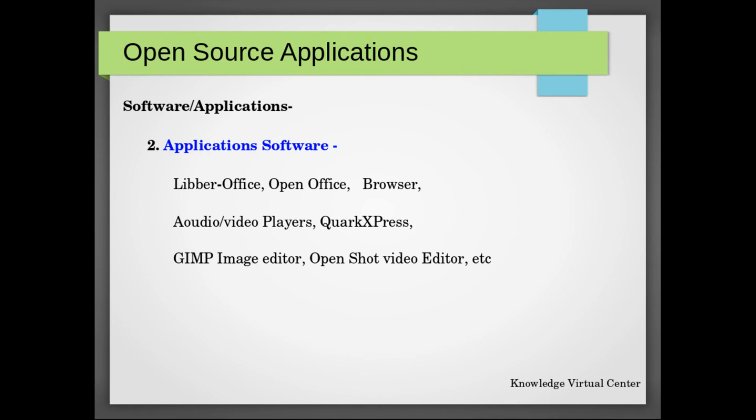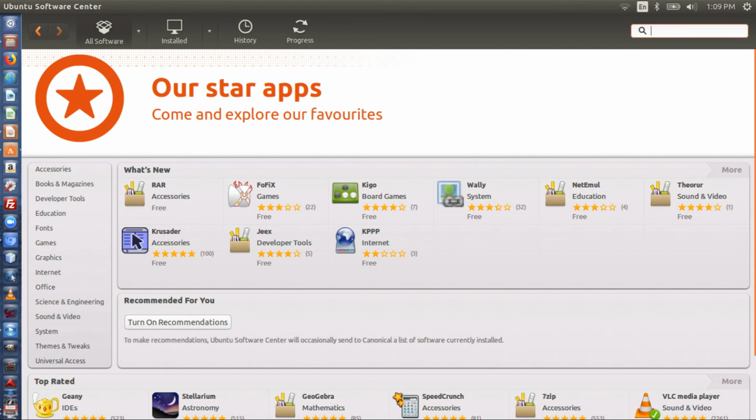In open source we also have GIMP, which is similar to Photoshop, and a video editor, which is used for editing videos. OpenOffice and LibreOffice are office packages similar to Microsoft Office. So many applications are available category-wise in our software center, where we can download directly or offline.